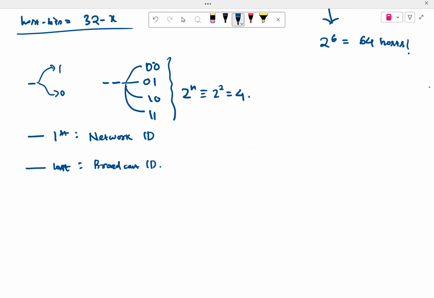So the number of usable hosts equals 2 to the power n minus 2. That implies 2 to the 6 minus 2, that equals 62. Answer is correct.